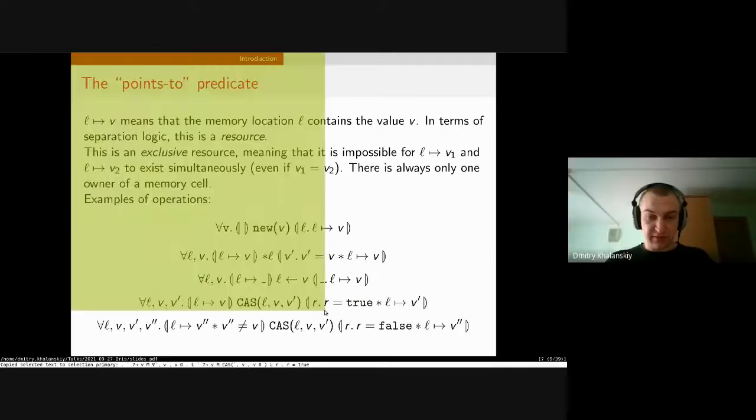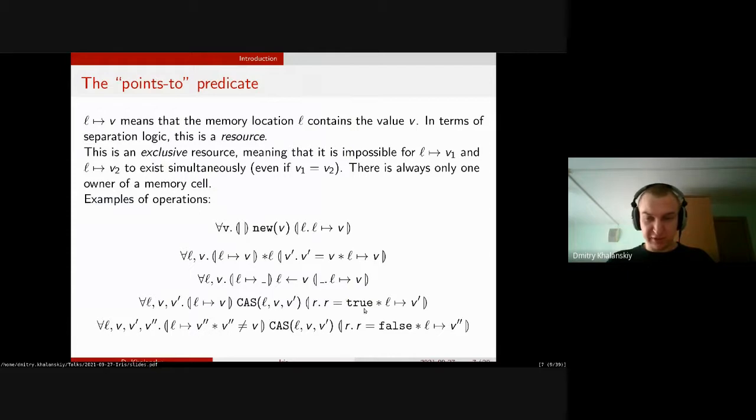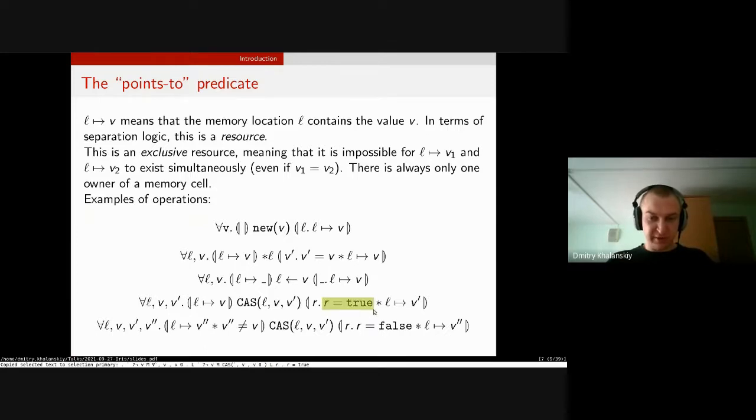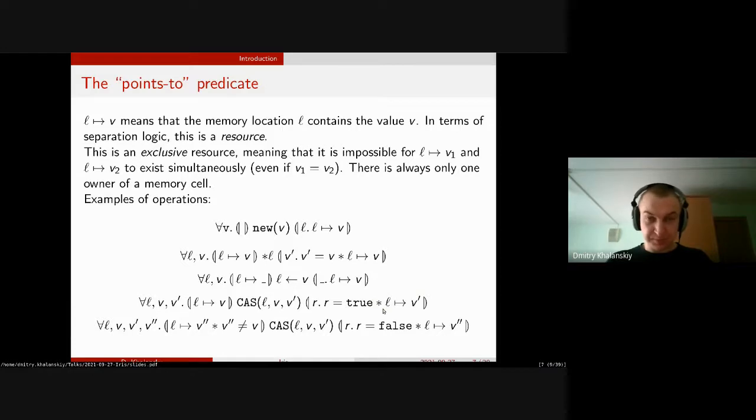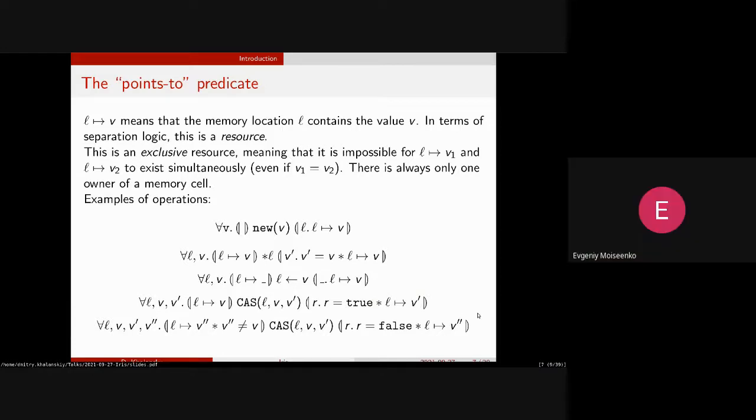These are persistent statements. I didn't yet define what persistent statements are. And for persistent statements, like this one, this is not a persistent statement, it doesn't matter how you connect them to their neighbors. Okay, thanks.